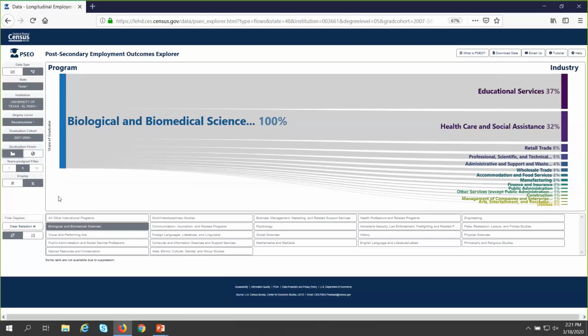Yeah, so the cohorts are fixed. They're the same for everyone that comes into the data. They're slightly different between bachelor's degrees and everyone else. So you'll see here for bachelor's degrees, the cohorts are 3 years long, so 2001 to 2003, 4 to 6, et cetera.